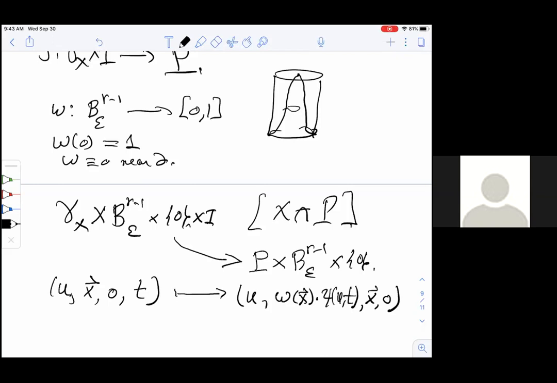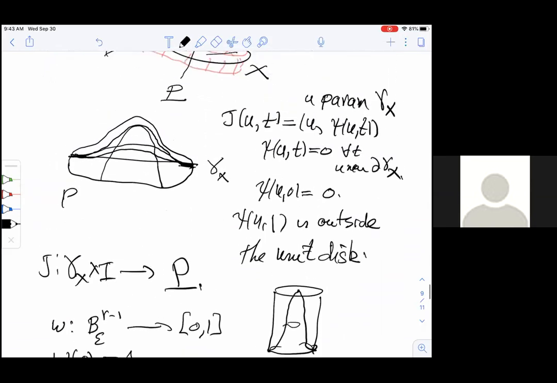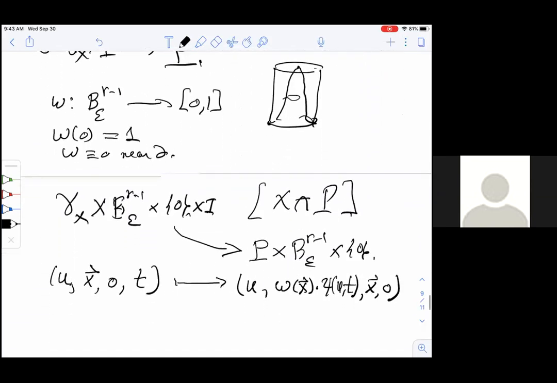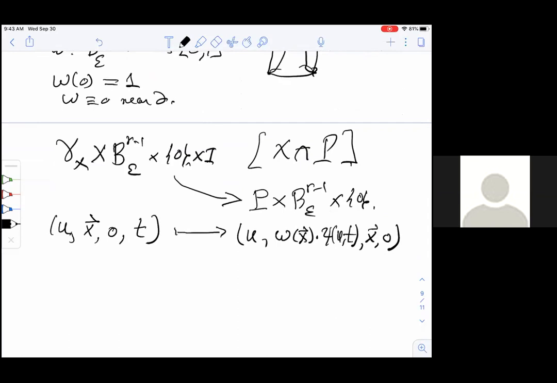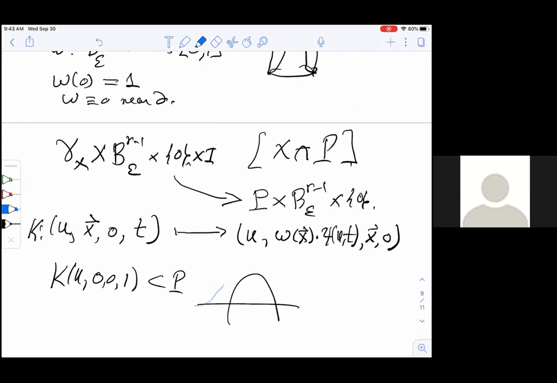So we're going to do the isotopy that psi described, but modulated by this function omega. So what happens at the origin? Omega is 1, and so let's call this k. K of u, 0, 0, 1 sits inside P, and it is this loop.